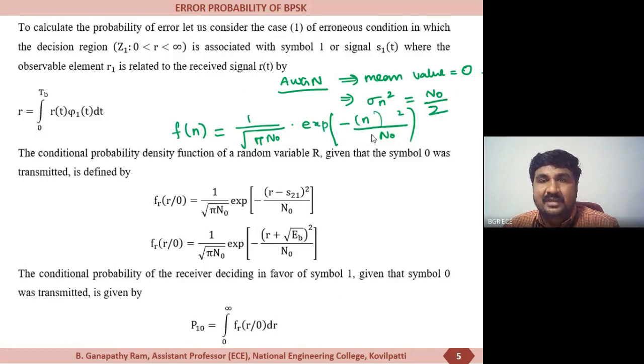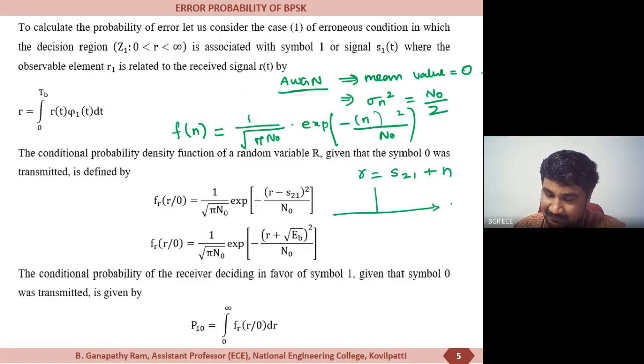And R can be represented as, for this transmission case, S21 plus N, because s2(t) has been transmitted. So S21 is a deterministic signal which is having an amplitude.